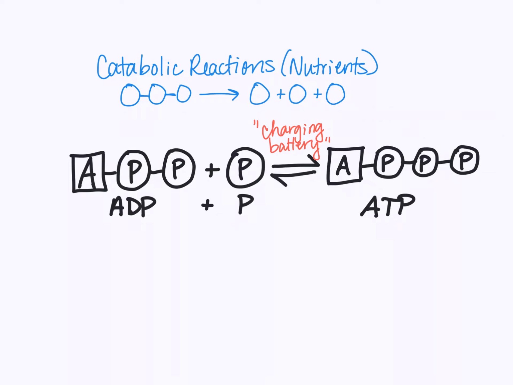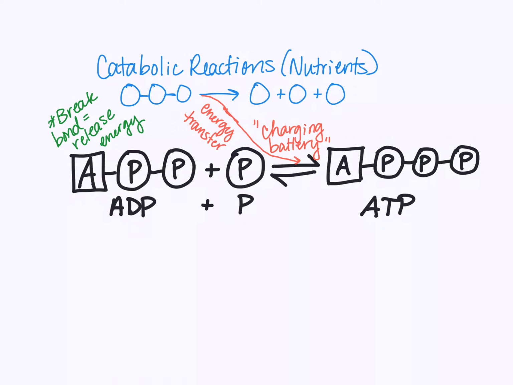Now, in doing so, when you break a bond, you typically release energy. So as those bonds get broken, that energy is released, and that energy can be transferred to our ADP in order to form that bond. And so the energy gets transferred from the one reaction and then stored in that bond between the second and third phosphates in ATP.